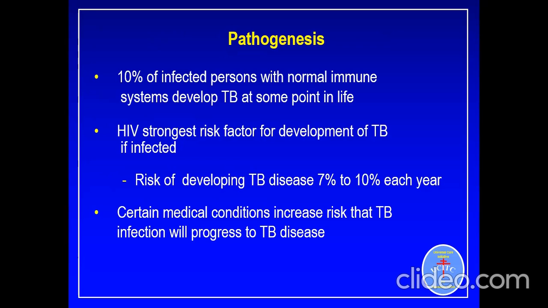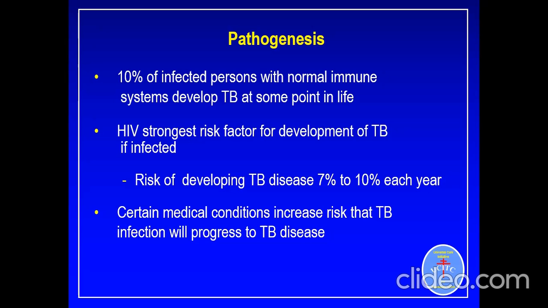HIV is the strongest risk factor for development of tuberculosis if infected, and the risk of developing TB disease in HIV-infected individuals increases to 7 to 10% each year, as opposed to a 10% lifetime risk in a person with normal immunity.